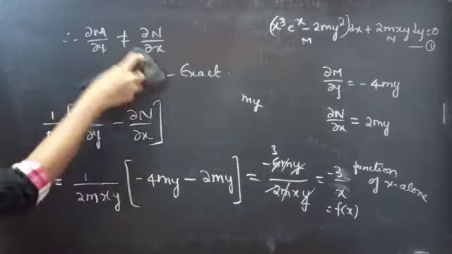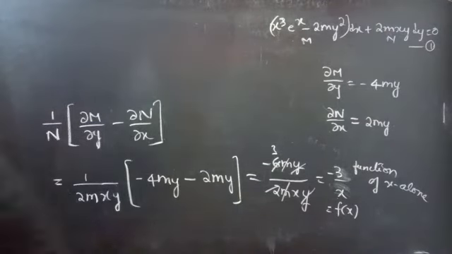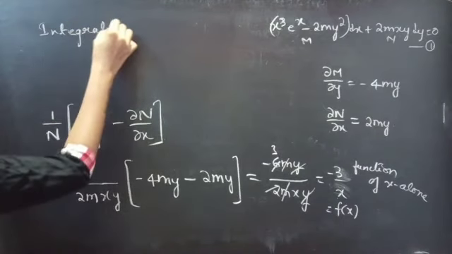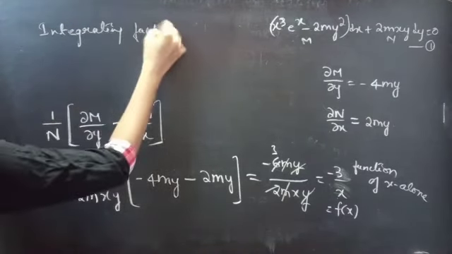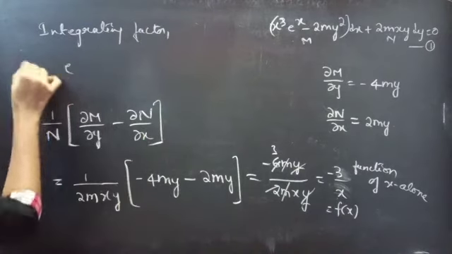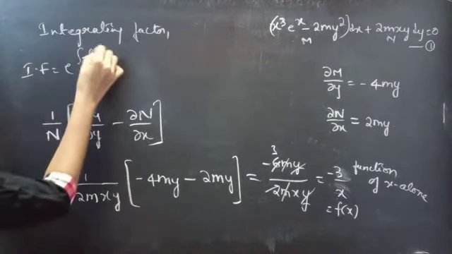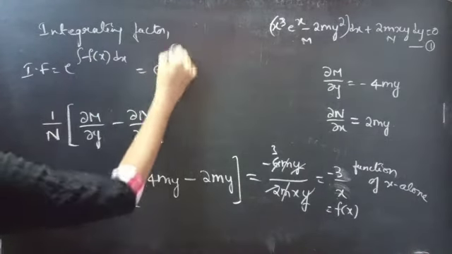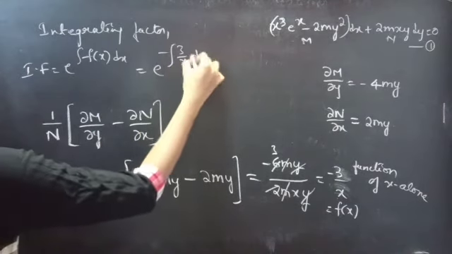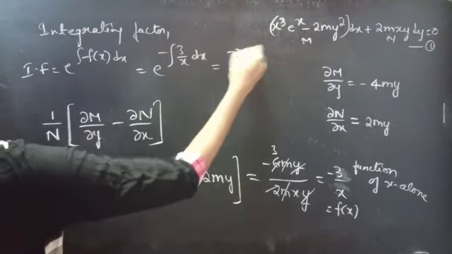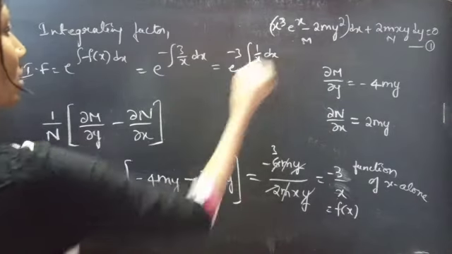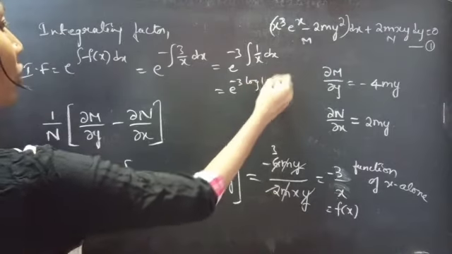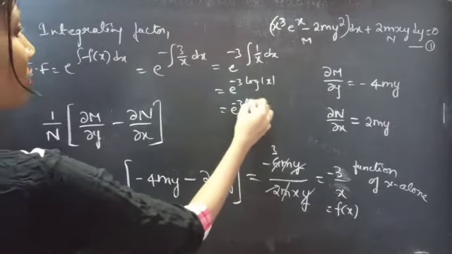Now, our integrating factor is given by e^(∫f(x)dx), which equals e^(∫ -3/x dx), which equals e^(-3 ∫ 1/x dx). Integral of 1/x dx is log|x|. So you can write this as e^(-3 log x).